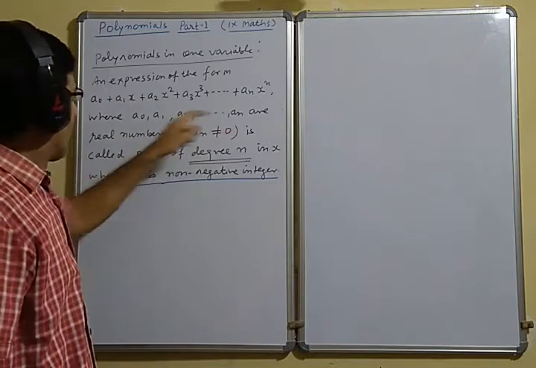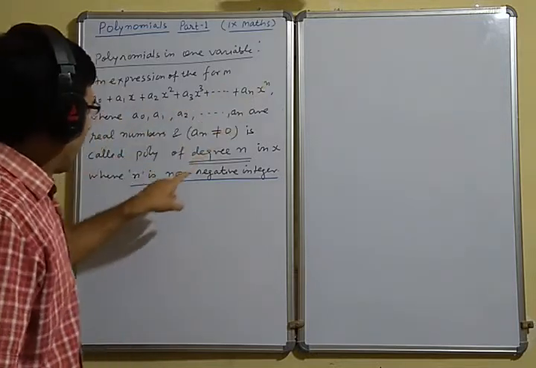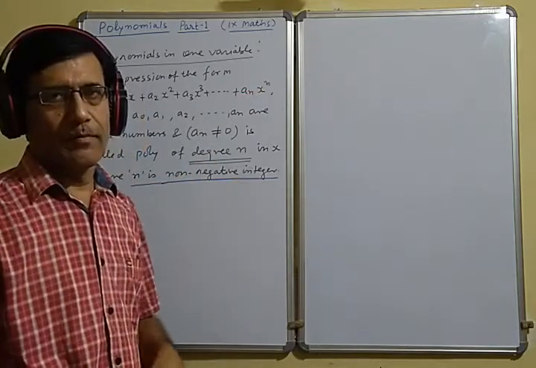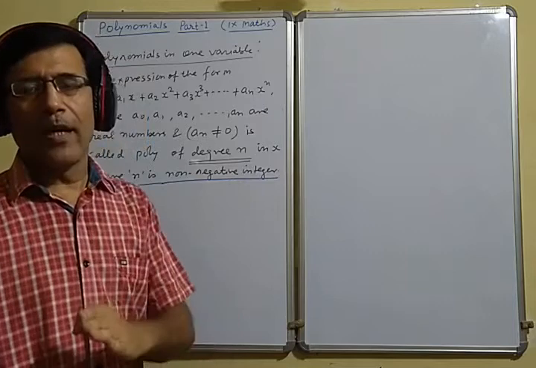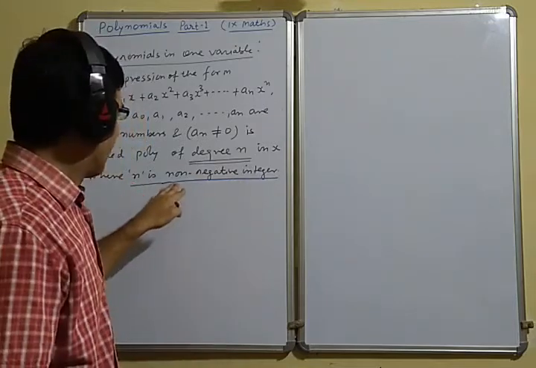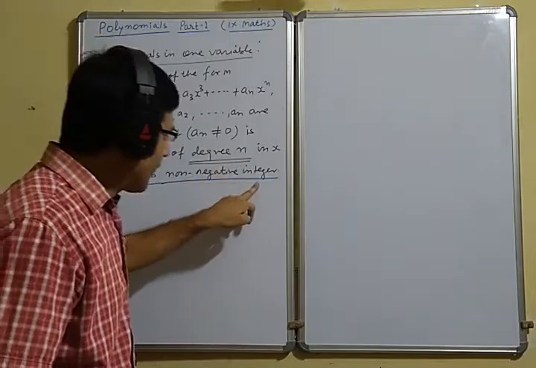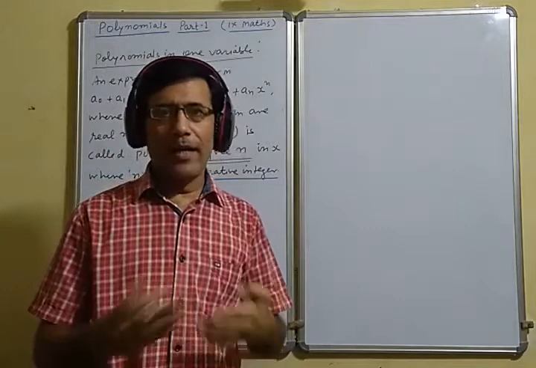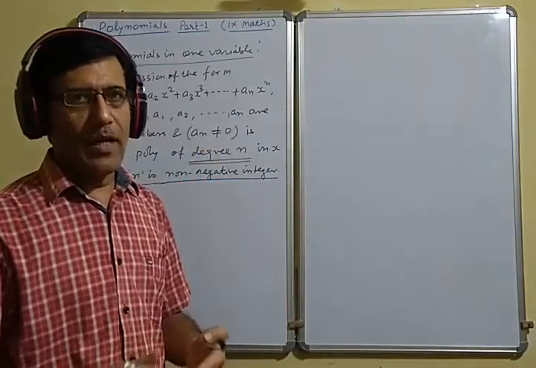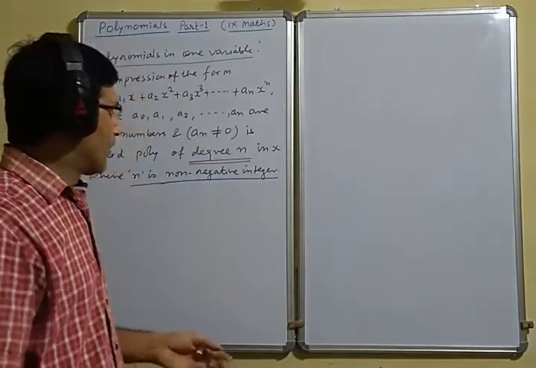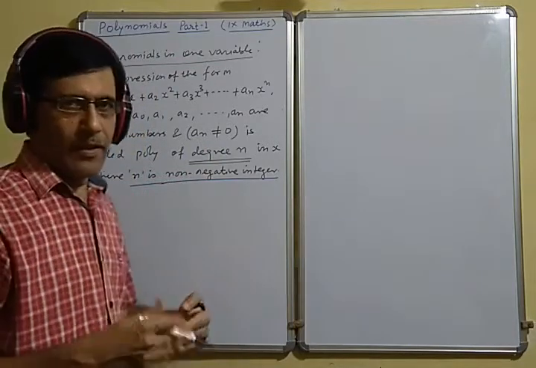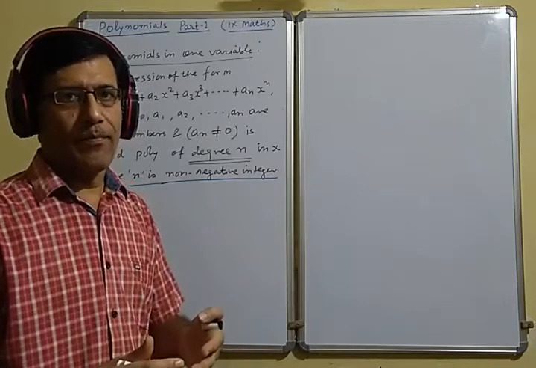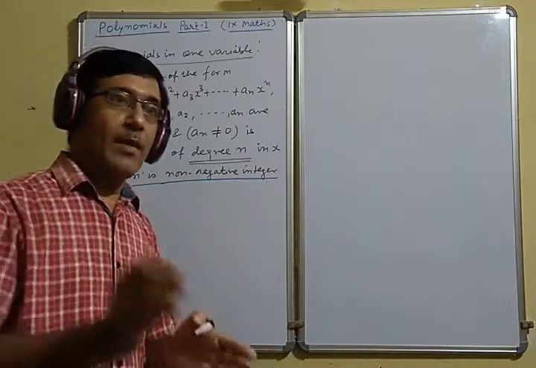Here in this expression, n is a non-negative integer. That means it cannot be negative, and integer means it cannot be a fraction. So the value must be an integral value, not negative, so you get 1, 2, 3, etc. It may be 0.